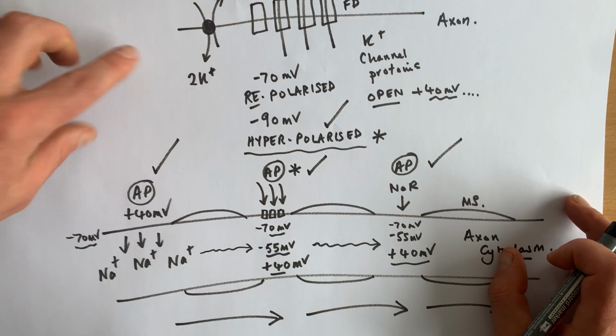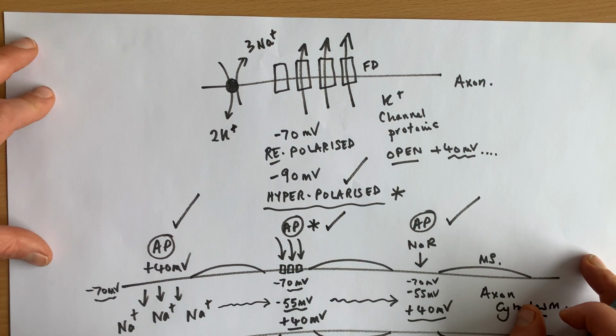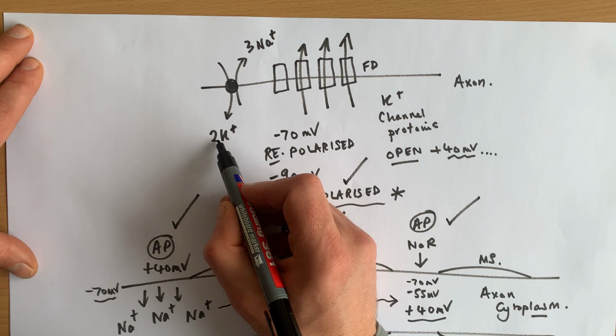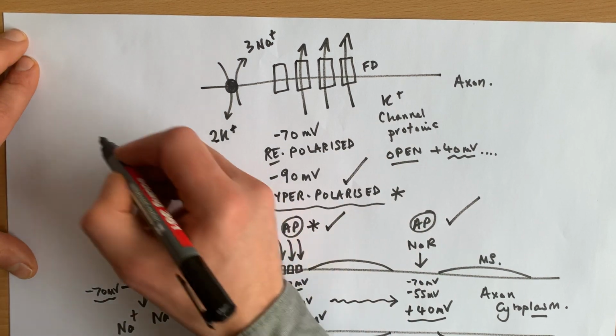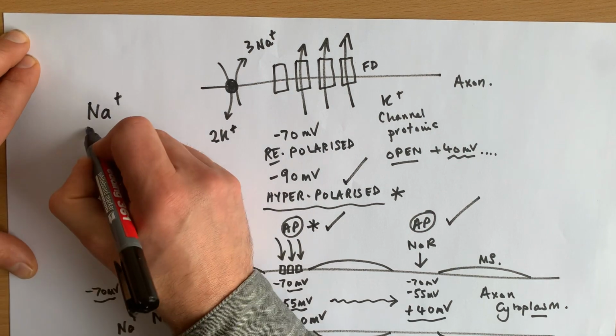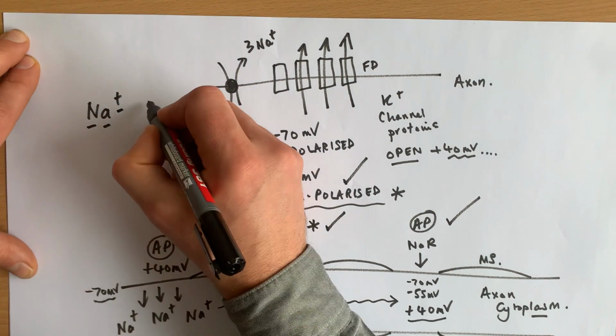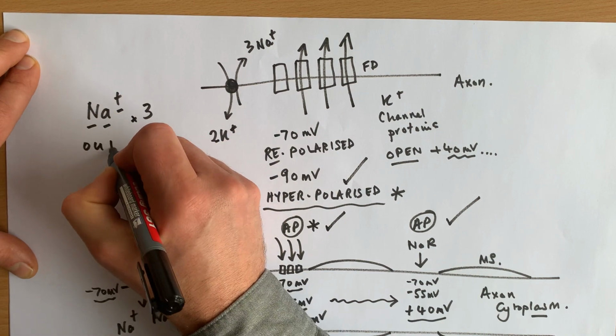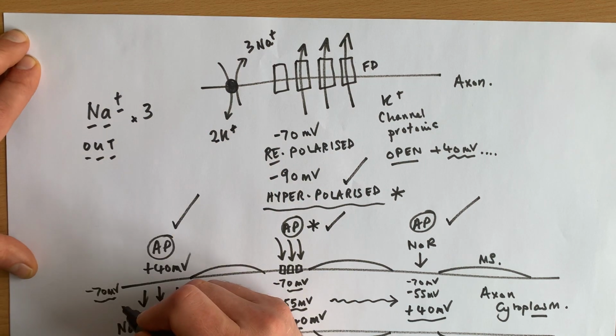Now, one good way of remembering, if you just go a bit further back up, that 3 sodium ions are pumped out by the sodium-potassium pump and 2 potassiums are pumped in. If you think of a sodium ion, it's got 3 parts to its symbol, so N, A, and plus. So 3 sodium ions are pumped O-U-T, out.